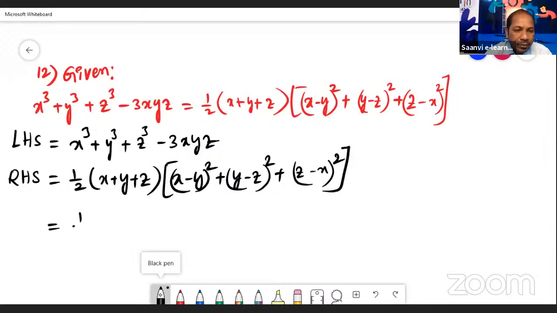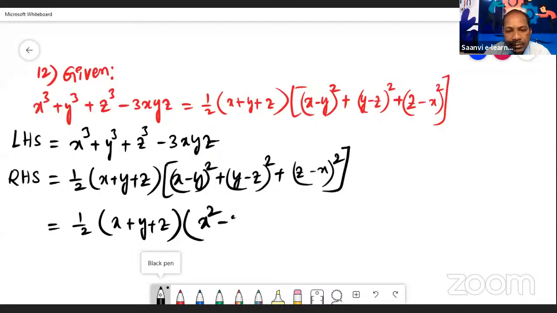Now simplify it. 1 by 2 into (x plus y plus z) into, here (x minus y) whole square is in the form of (a minus b) whole square. So the (a minus b) whole square formula is a square minus 2ab plus b square. Why? Because (x minus y) whole square means x square minus 2xy plus y square. Okay. And plus (y minus z) whole square means it is also in the form of (a minus b) whole square.